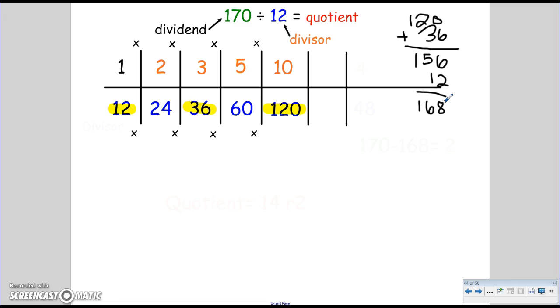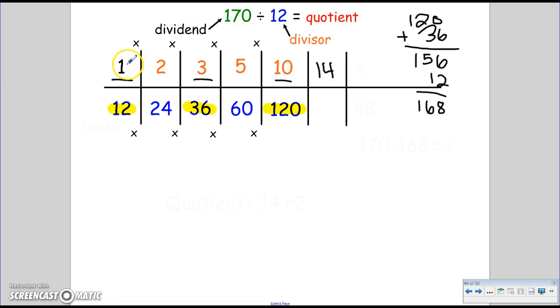It doesn't look that way. Let's check ourselves. We come back to our ratio table. We've highlighted 120, so we have 10, 36, which is 3, and 12, which is one group. 10, 3, and 1 means that we have 14 groups of 12.